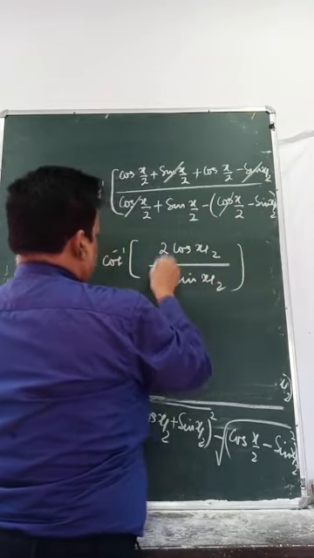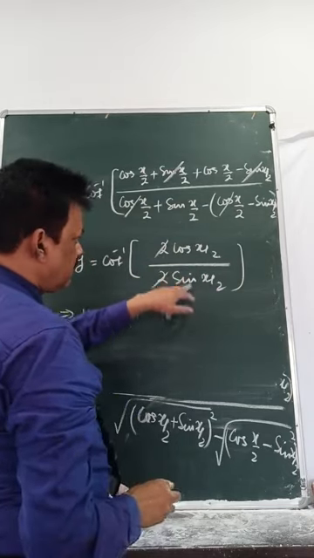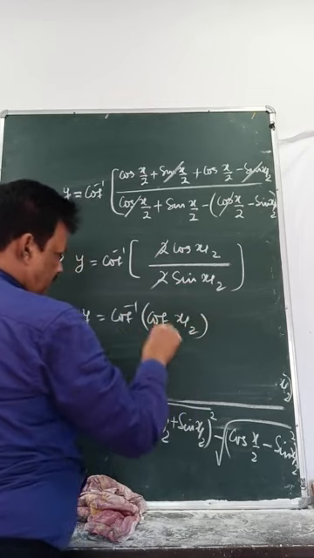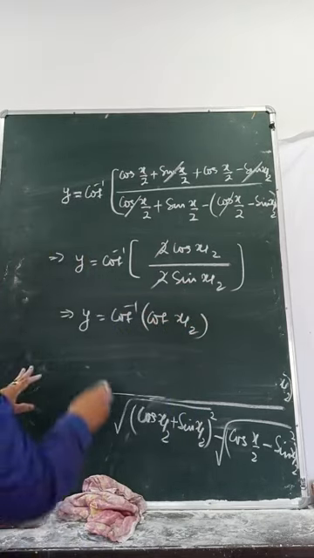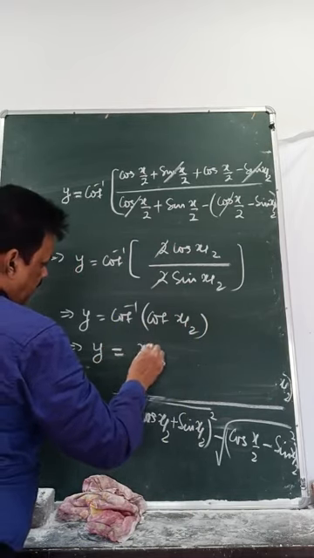Two is cancelled. So this is cot inverse of cot x by 2, cos by sin. So this implies y equals x by 2.